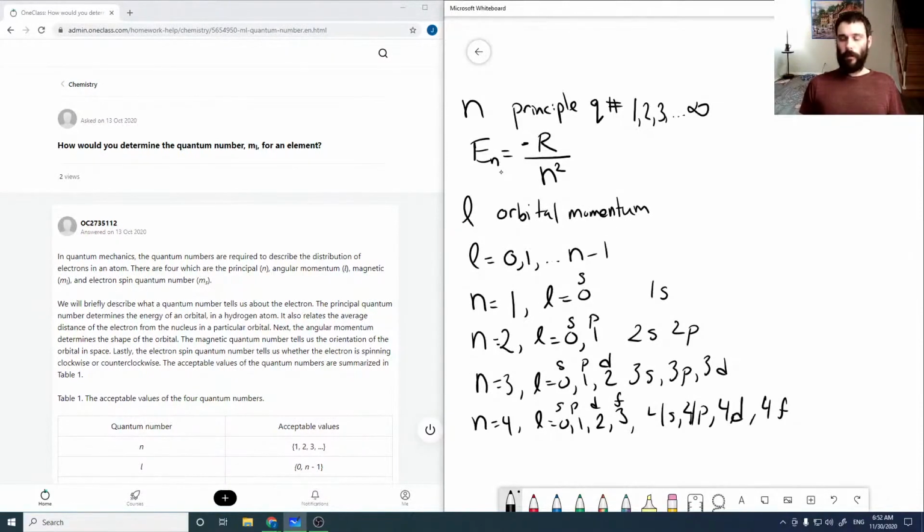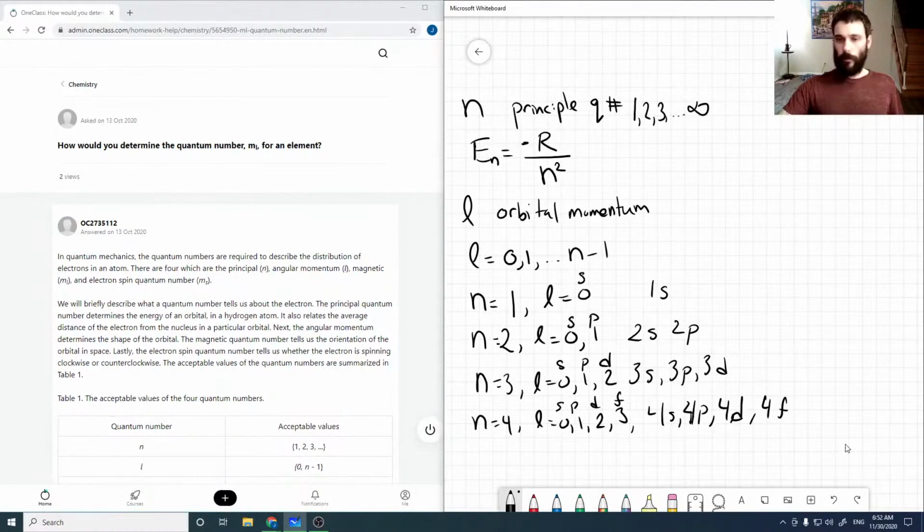If L increases further, then we would just follow alphabetical order. So L equals 4 is G, 5 is H, so on and so forth. But in our periodic table, we only observe electrons in F shells. Although with excitation, we can hit more exotic shells, especially in molecules, I should say.